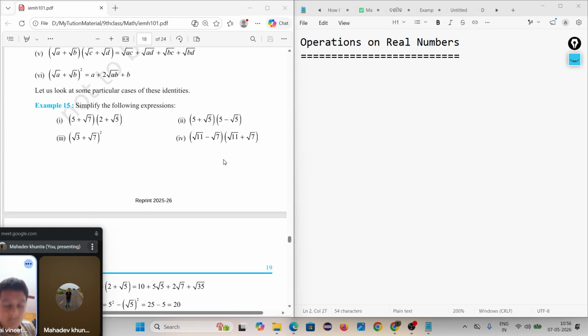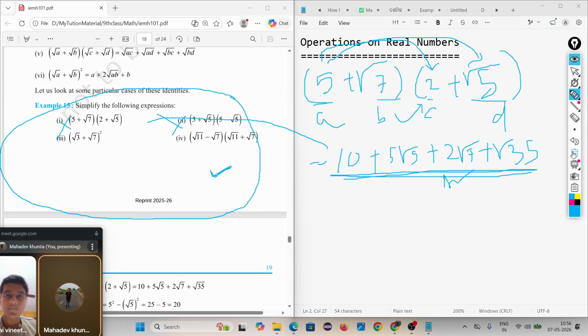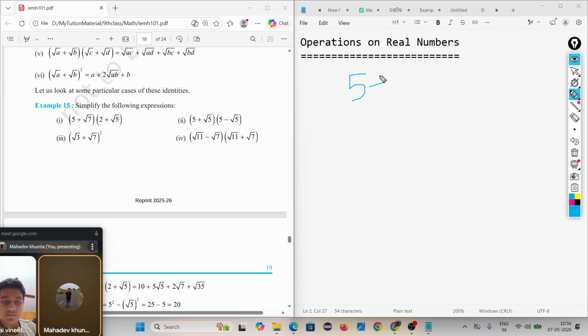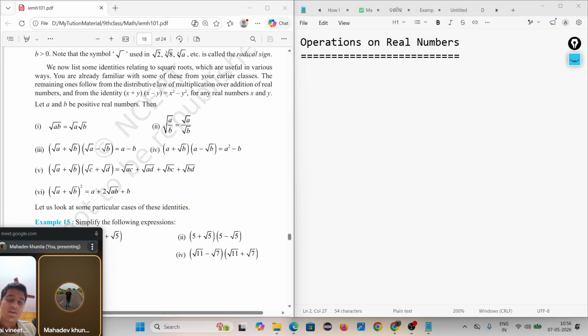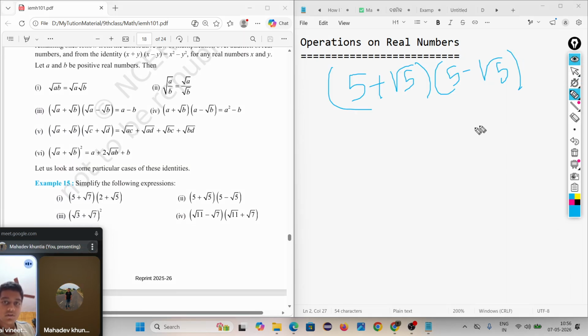Then look at the second question. 5 plus root 5, 5 minus root 5. First you identify which identity: a square minus b square. 5 square minus root 5 square.